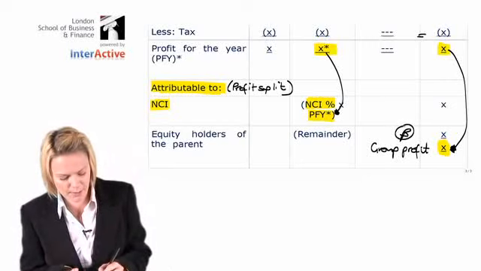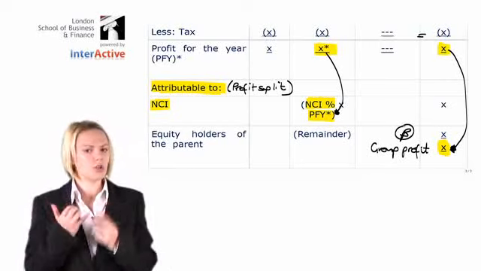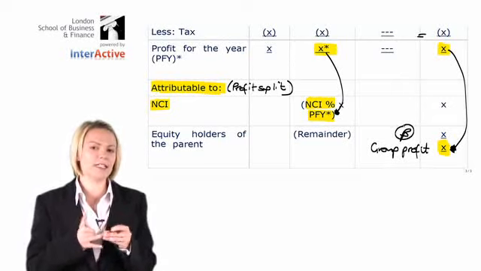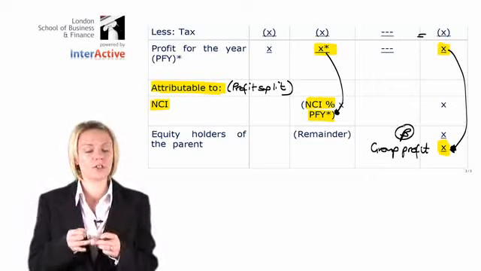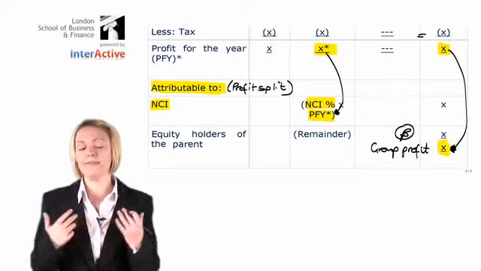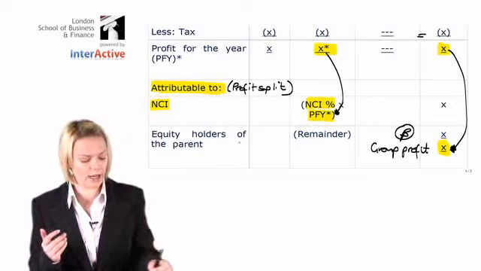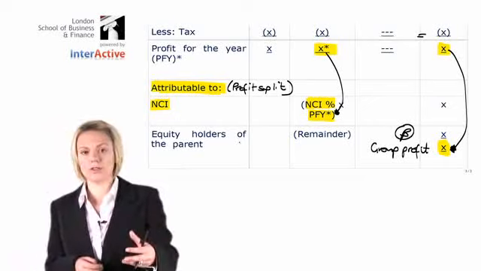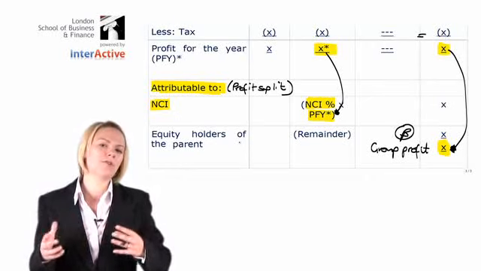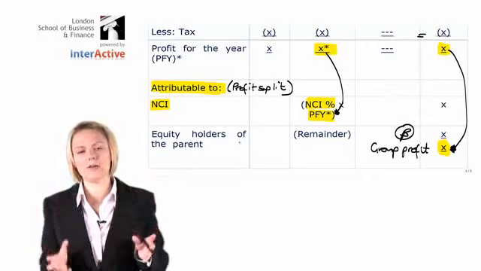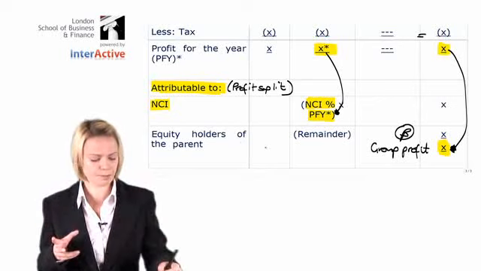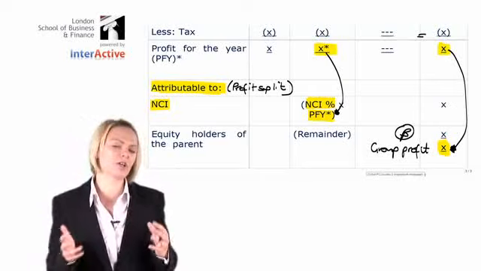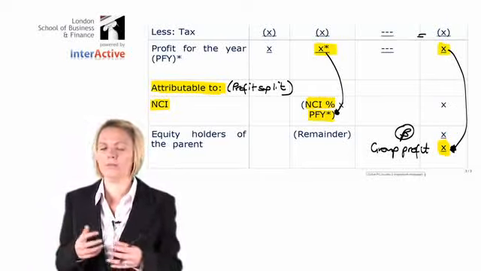But it's easier just to remember that as a balancing figure. You know the group profit for the year. You know how much to give to the NCI, 20% of the subsidiary's profit. Well, everything left over must be going to the equity holders of the parent. In other words, the parent shareholders. So we split out profit at the end. We do not split it out during the consolidation schedule. And we must remember to add this profit split at the bottom of the consolidated statement of comprehensive income.